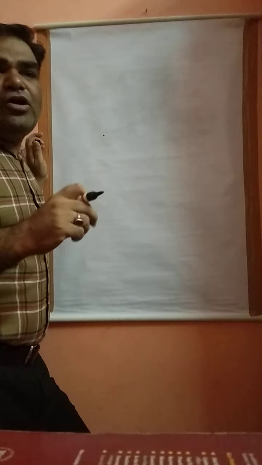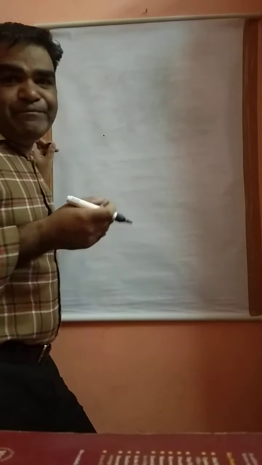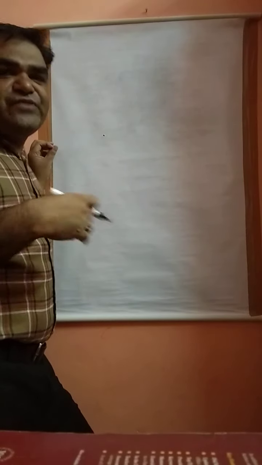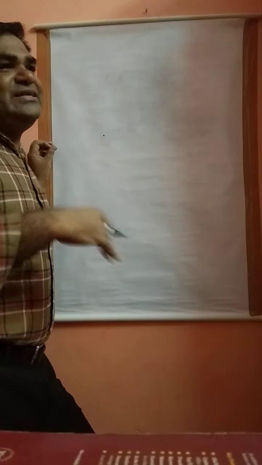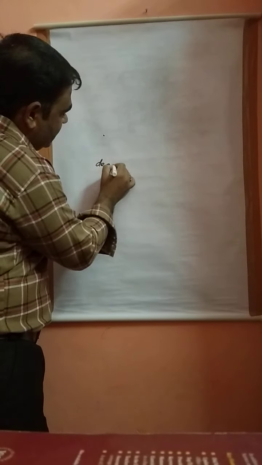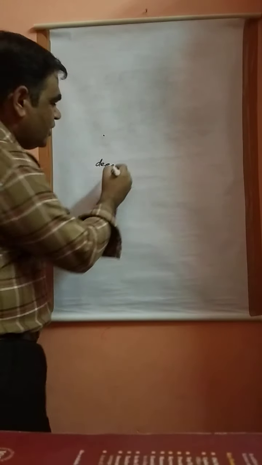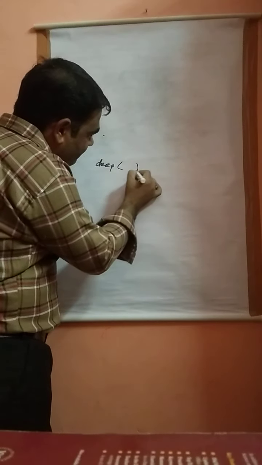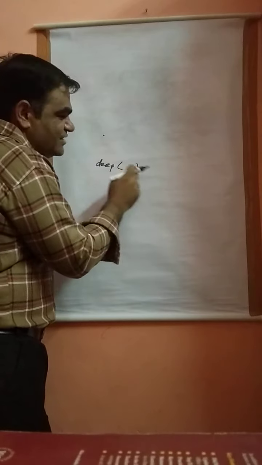And function call or function name is a user defined name. You just take any name as a function name or function call. So I just write here deep as a function name or function call, and after that we just write the parenthesis on, and after that we just write the parenthesis close. This is our on and this is our off bracket.